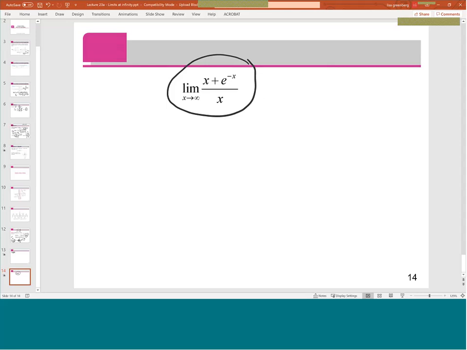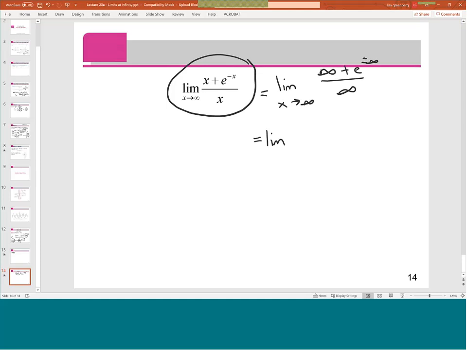I would just plug in infinity first. Okay, and what would you get? You get infinity plus e to the negative infinity over infinity. Yeah. Okay, good. And e to the negative infinity is 1 over e to the infinity, right?